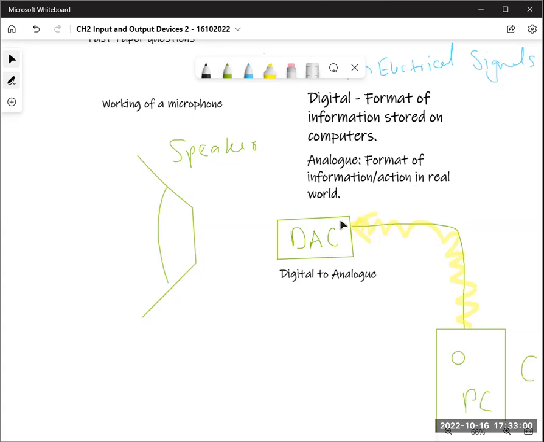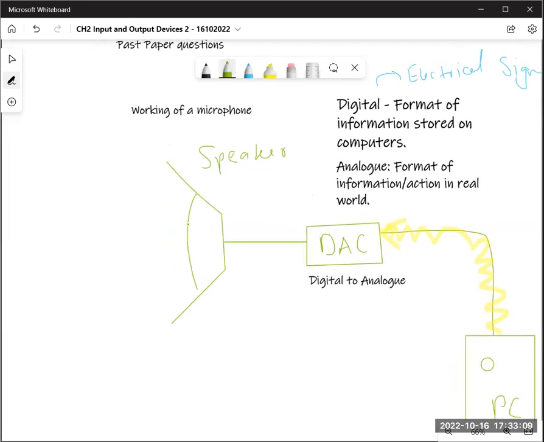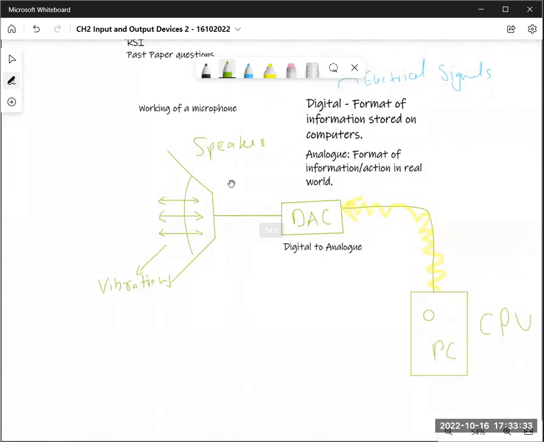So after the signal comes here, this DAC will convert this into physical movement, not an electrical signal. How does it do it? It is connected to this device and this will start vibrating up and down like this. Is that clear? Yes. So these are vibrations. So this is how it works. The electrical signal comes to the digital to analog converter, then it causes the speaker to vibrate.